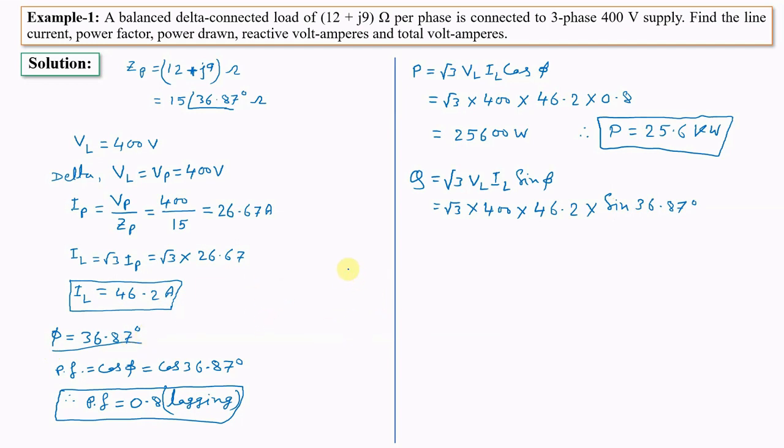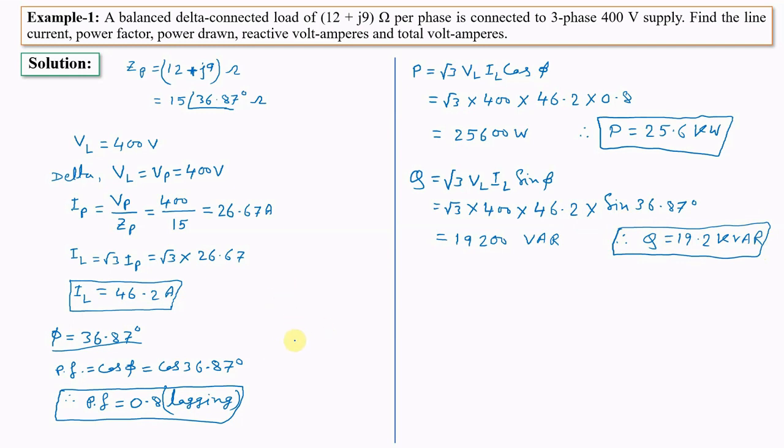After solving, we'll get Q equal to 19200 var, that is volt ampere reactive, or we can write Q is equal to 19.2 kVAR. This is the reactive power of the circuit.